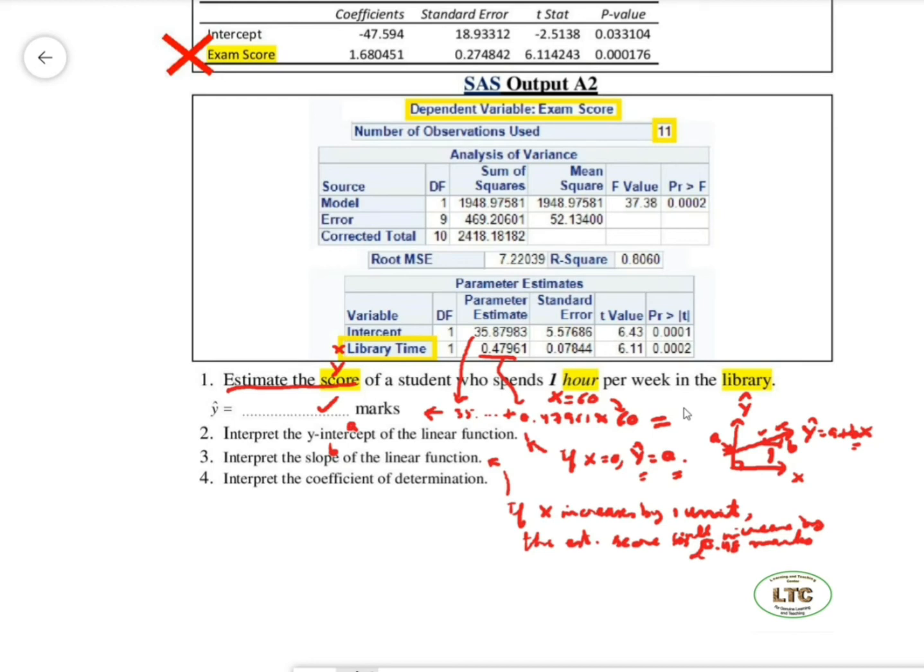So for every minute you can expect 0.48 marks more. Yeah, this is the meaning.